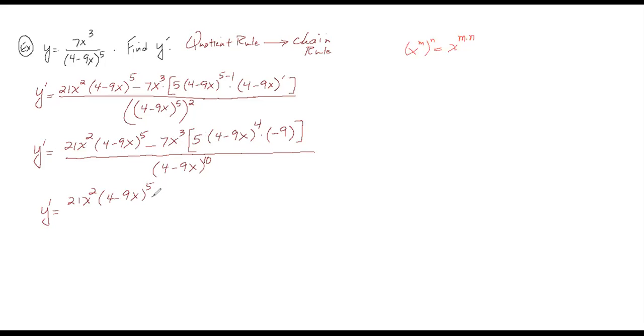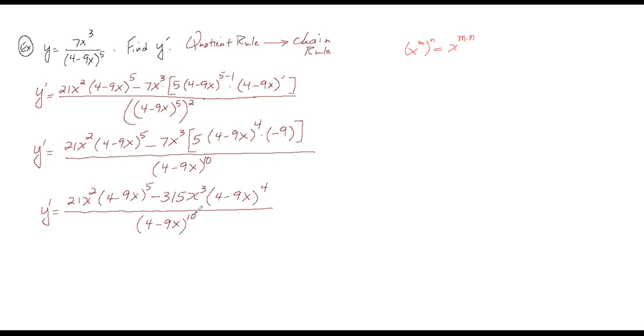And I'm getting negative 315 x cubed (4 minus 9x)^4 over (4 minus 9x)^10.